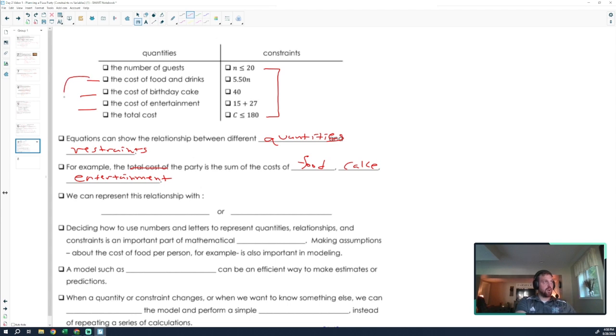Those are our three costs. Number of guests is not contributing to the cost until we plug it into these equations, but those are where our three costs come from.